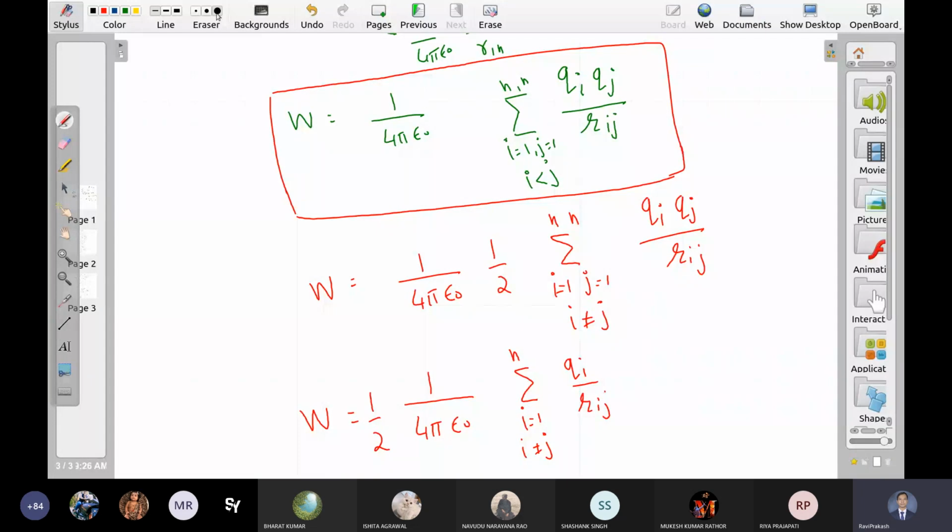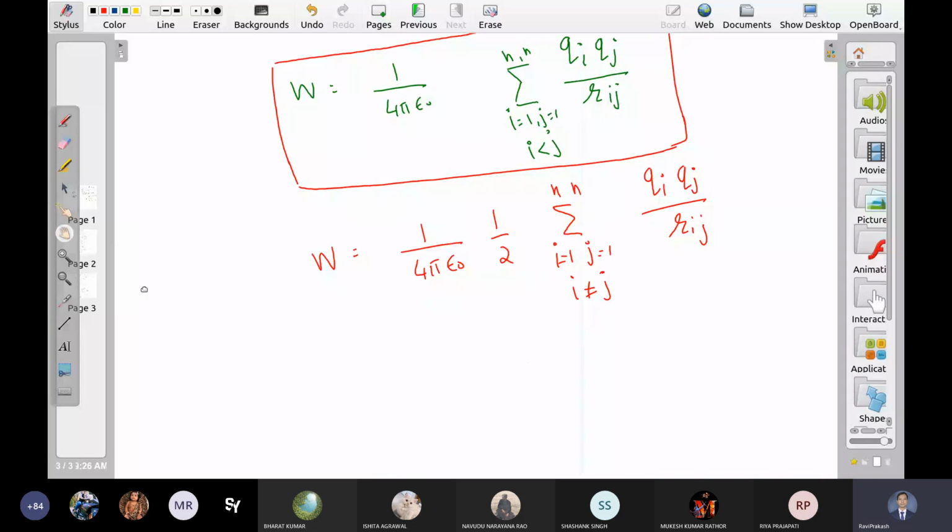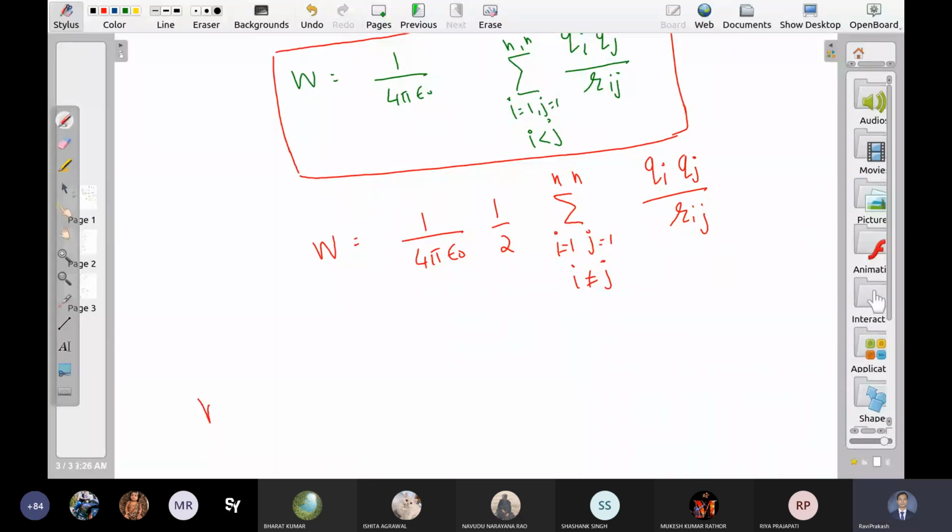Sorry, let me write it like this. W, summation j. Okay. 1 by 2 here, 1 upon 4 pi epsilon naught, 1 by 2 here, Qj, and remaining things here.